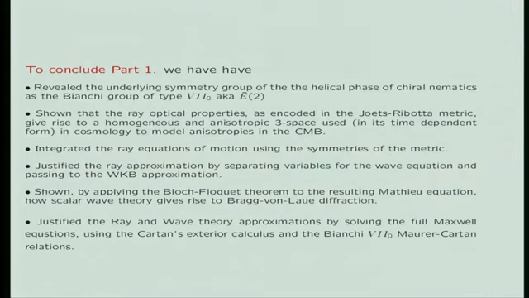Okay, so let's conclude what we did. We claim to have revealed the underlying symmetry group of these chiral nematics and shown that we can think of the configuration as living on this group manifold. We've looked at the rays, integrated the ray equations. In fact, we justified the ray approximation by separation of variables. We looked at the resulting band structure by applying Floquet theory, and then we justified the approximations from Maxwell's equations.